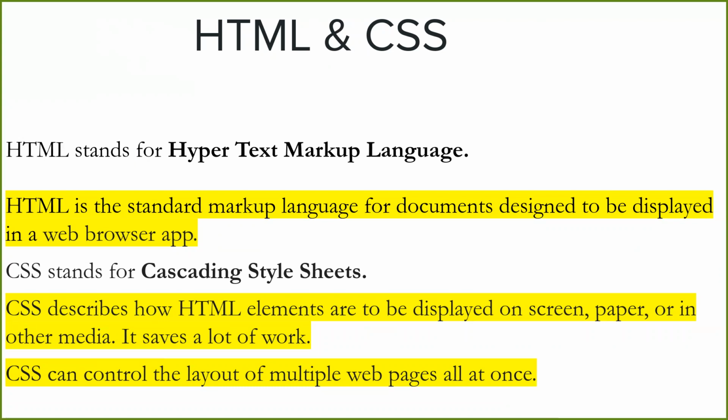CSS describes how HTML elements are to be displayed on a screen, paper, or in other media. It can control the style of multiple web pages all at once. HTML and CSS both make a very easy and stylish user interface for a web page.